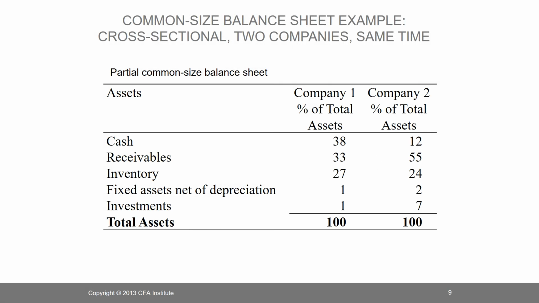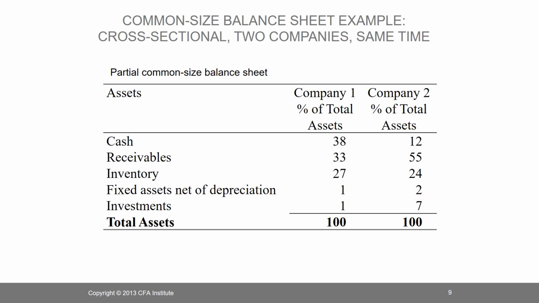Here is another example of a common size balance sheet. This time we're using a vertical common size analysis where we are comparing two different companies. Here we're going to ask ourselves some questions such as what merits commentary in this comparison, what are the important components of each company's balance sheet, what are the notable differences between the two, and what explains those differences.